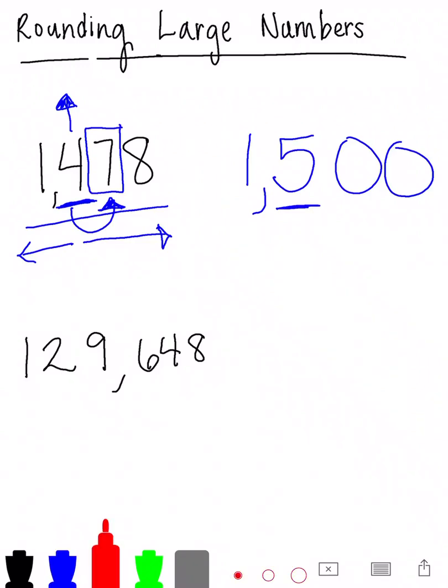We can also use a number line to help us round. I am going to round to the nearest 100,000.